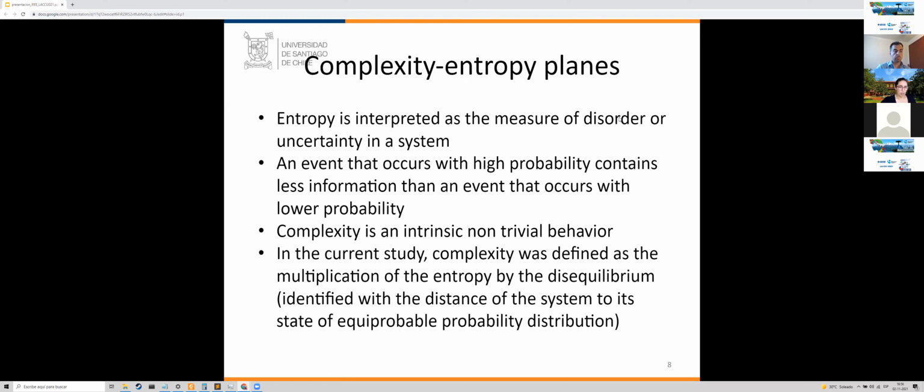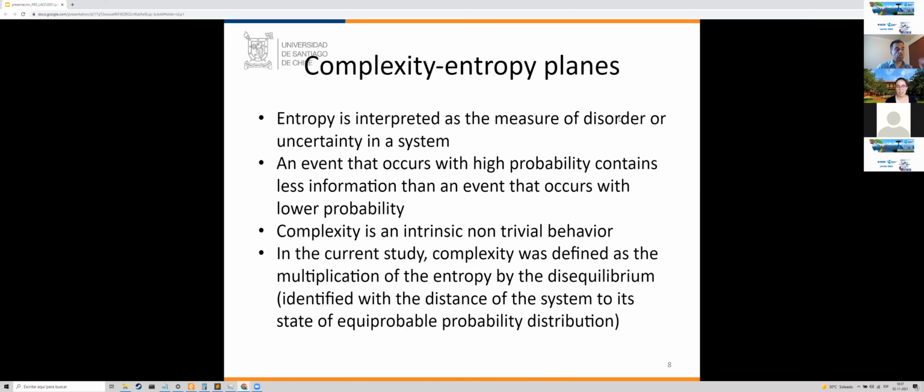So, about the complexity entropy planes we used. Regarding the definition of entropy, we can interpret it as a measure of disorder or uncertainty in a system, meaning that an event that occurs with high probability contains less information than an event that occurs with lower probability.